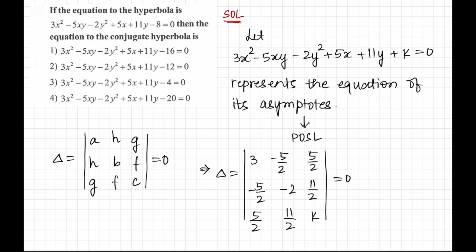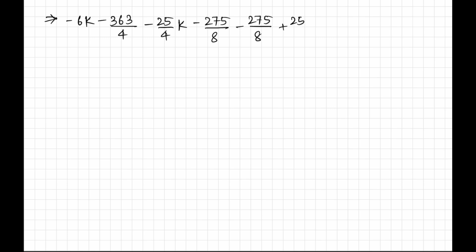So if we simplify this equation, what do we get? We get minus 6k minus 363 over 4 minus 25 by 4k minus 275 over 8 minus 275 over 8 plus 25 by 2 is equal to 0.